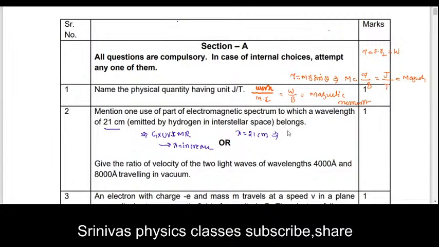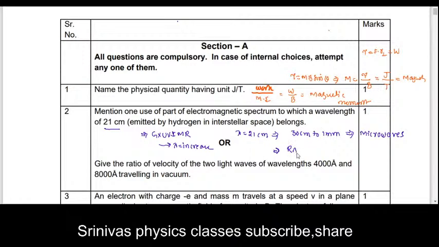You know that the range from 30 centimeters to 1 millimeter belongs to microwaves. What is the use of microwaves?